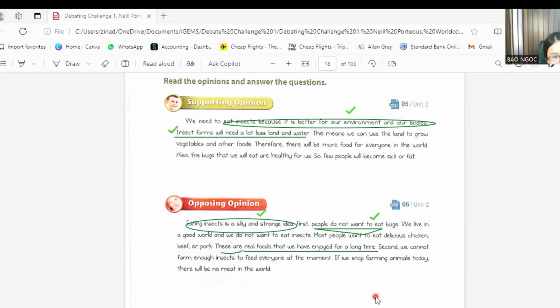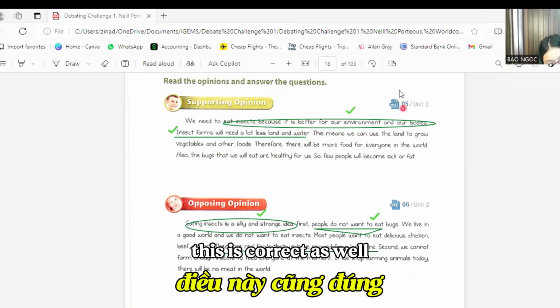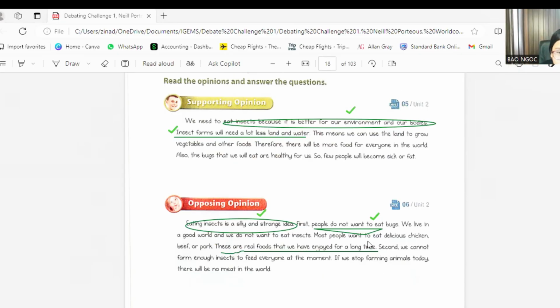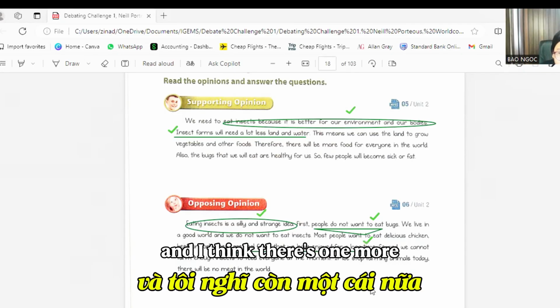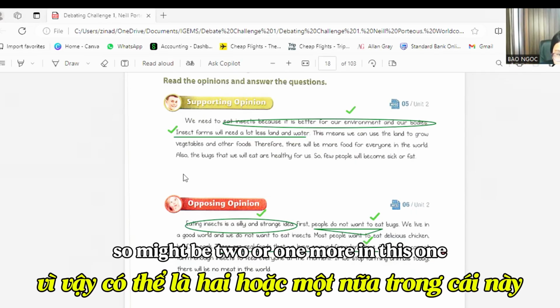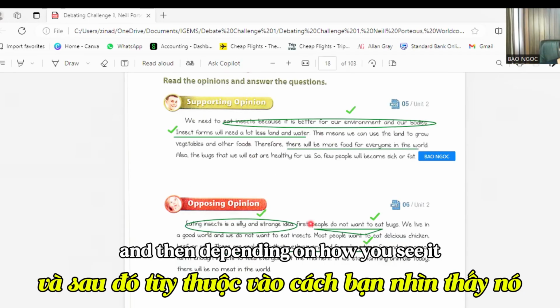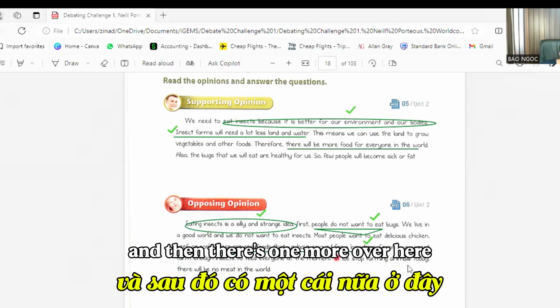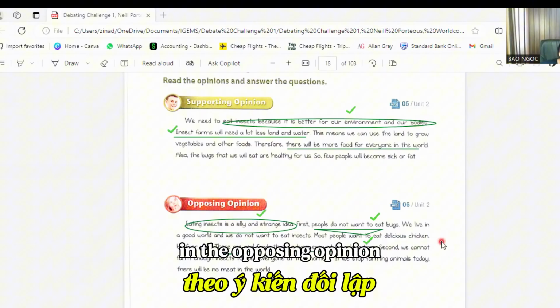And then this is correct as well. And I think there's 1 more over here. So might be 2 or 1 more in this one. And then depending on how you see it, there's 1 more over here in the opposing opinion.